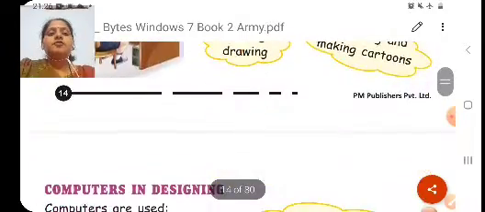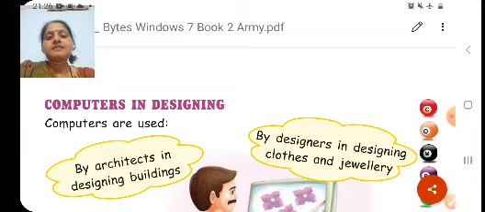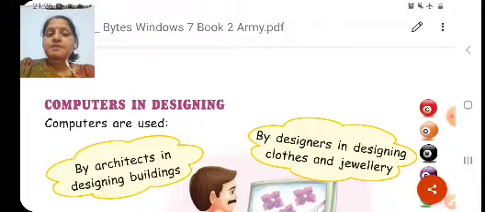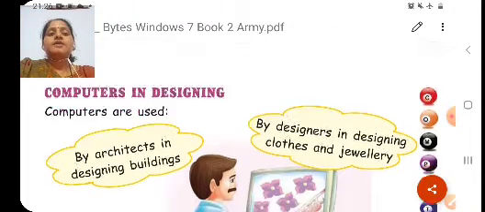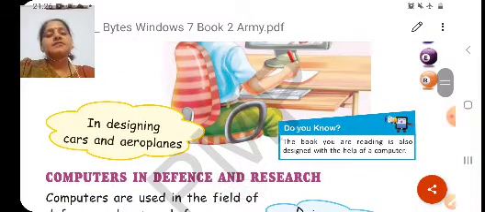Then children, for designing also we are using computer nowadays children, whether it is textile designing, whether it is designing buildings, or some other monuments, or some complexes or malls. For all these purposes, whether it is car or aeroplane, anything is designed using the computer.